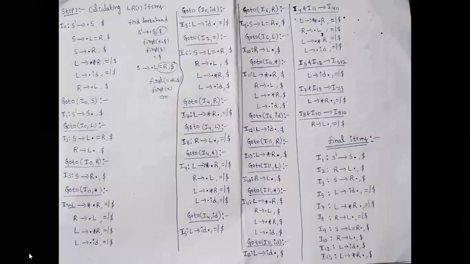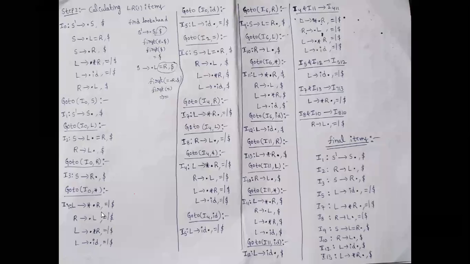So here I4 is one state, and I6 is the same, not I6, I11. Okay, I11. So here I4 and I11 are the same productions, but the look ahead is different.